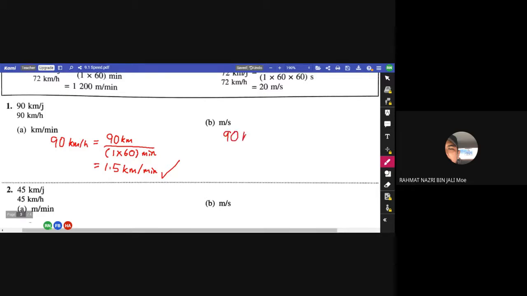Okay, B, 90 kilometer per hour, convert it to meter and second. So the distance, kilometer convert to meter, multiply by 1000.